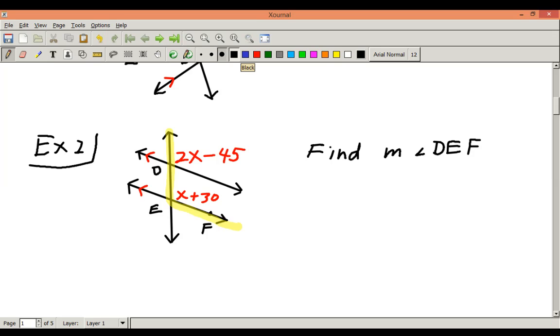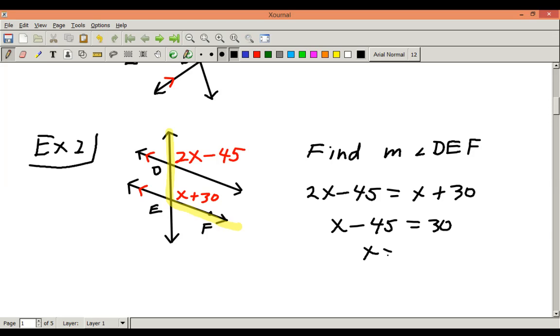So we know from the postulate that those two angles, the 2x minus 45 and the x plus 30, are going to be congruent because they're corresponding angles here. So we're just going to say 2x minus 45 is equal to x plus 30. Subtract x from each side, so we got x minus 45 is equal to 30.